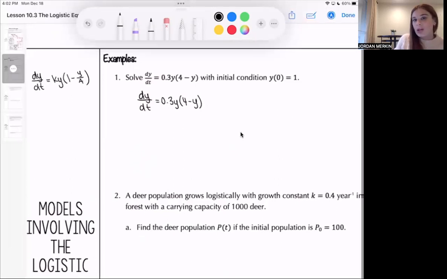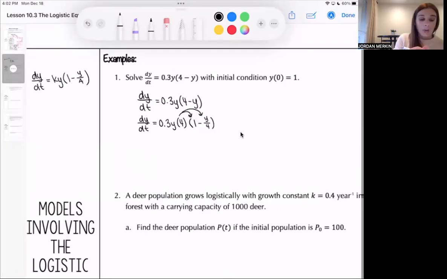So notice what you can do to get it in this form is we can factor out a 4 from the 4 minus y. So what that looks like is dy dt is equal to 0.3y times 4, because we're pulling out a 4, times 1 minus y over 4. Notice if I distribute that back in, it's still equivalent.